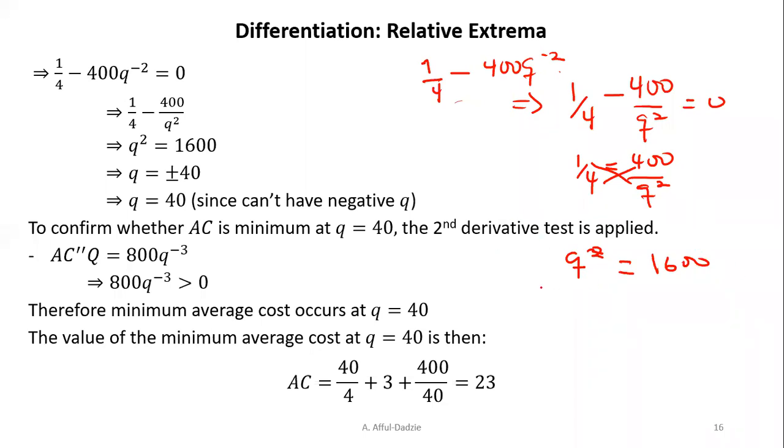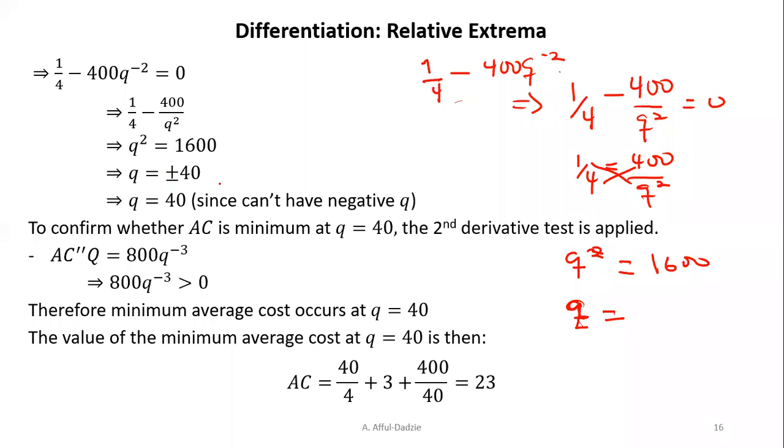Taking the square root of both sides is like saying take the power 1 over 2 of both sides. So you take the square root of both sides and the square goes away. And the square root of 1600 is 40. All right. So I am very sorry to have written plus or minus Q.